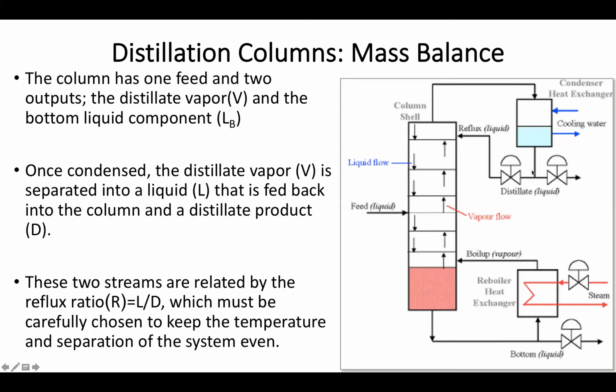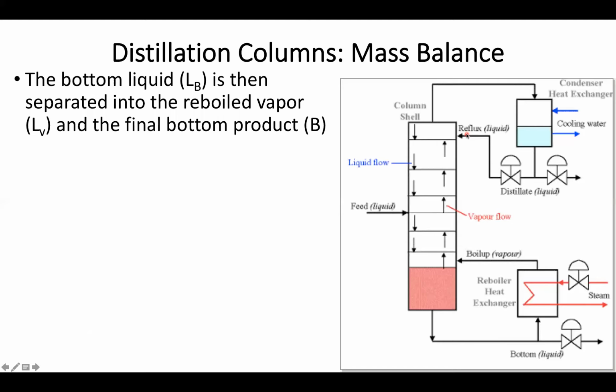And this is going to be something that's very carefully chosen to make sure that the apparatus doesn't either dry up or have catastrophic buildup. Again, choice of this reflux ratio goes a little bit beyond the scope of this course, but is a very important variable to know.